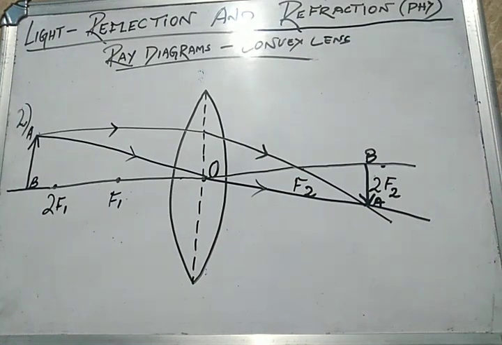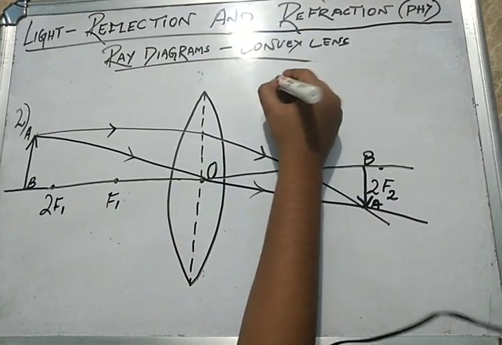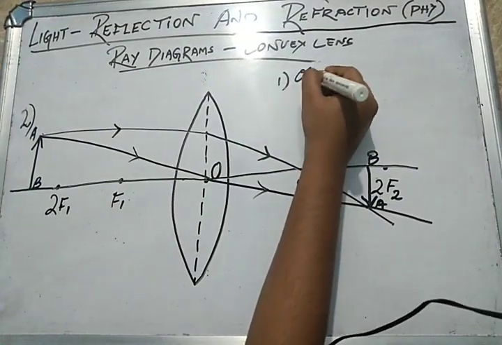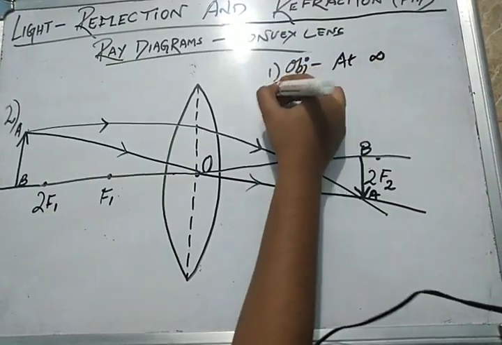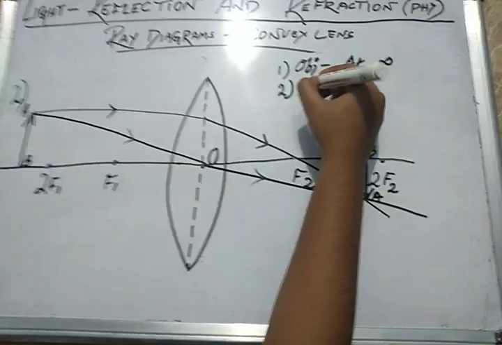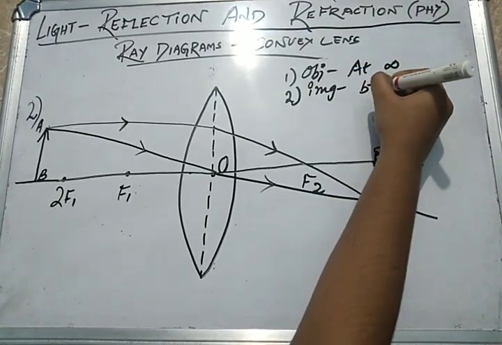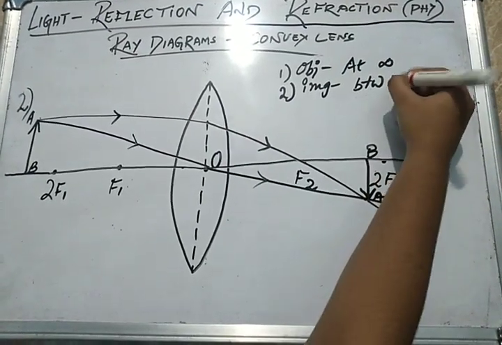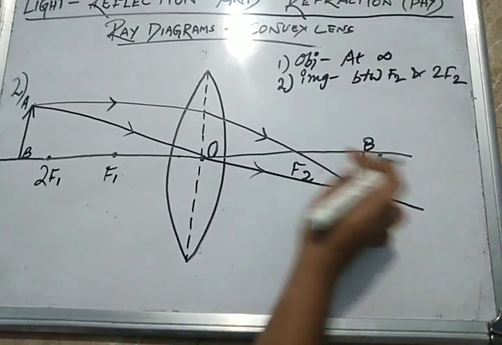Now we see all the 4 points. Where is the object? Object is beyond 2F1. Second one. Where is the image? Image position. Image is between F2 and 2F2.